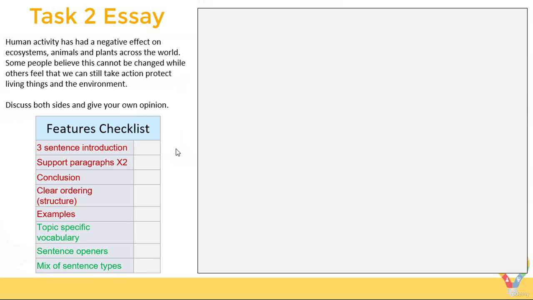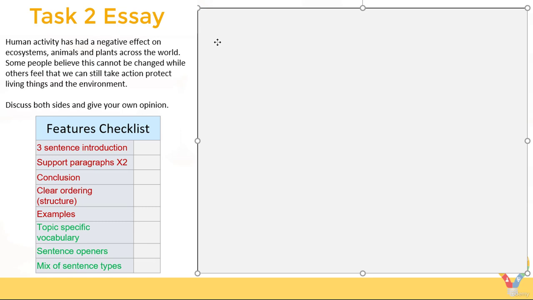But quite simply, the sentences are paraphrase, plan, and outline. So that's what I will do to kick off my essay. I'll begin by paraphrasing the question. Human activity has had a negative effect on ecosystem, animals, and plants across the world. So let's begin.